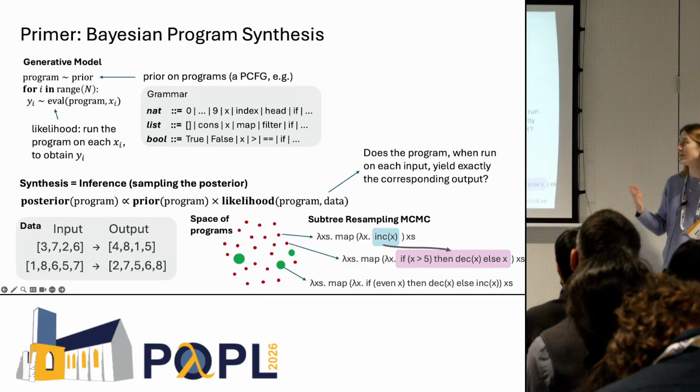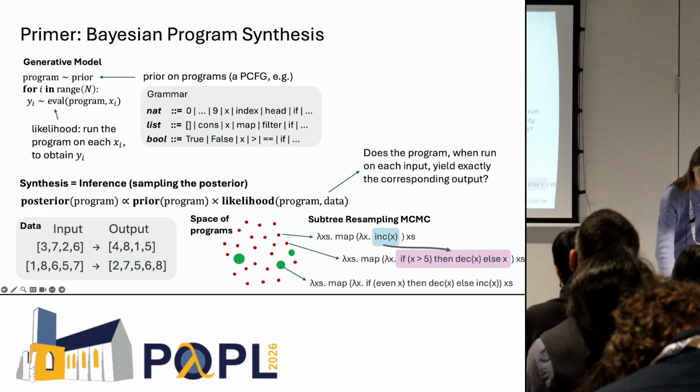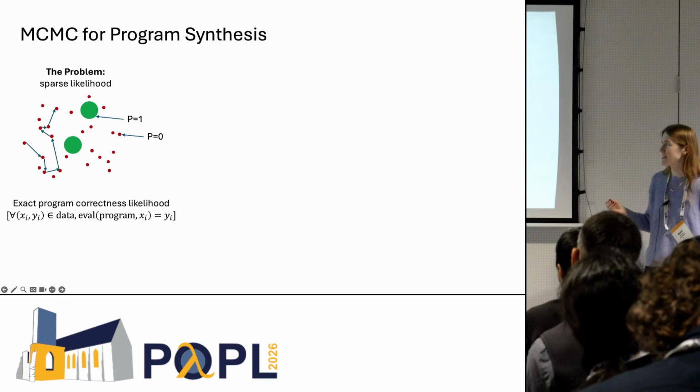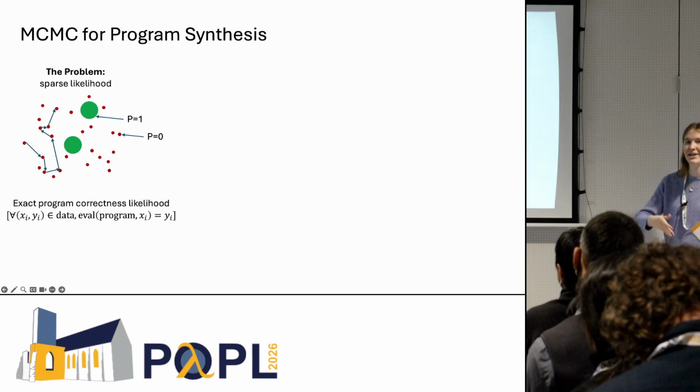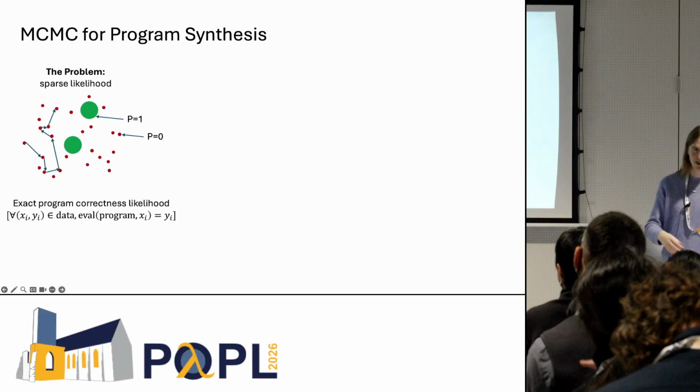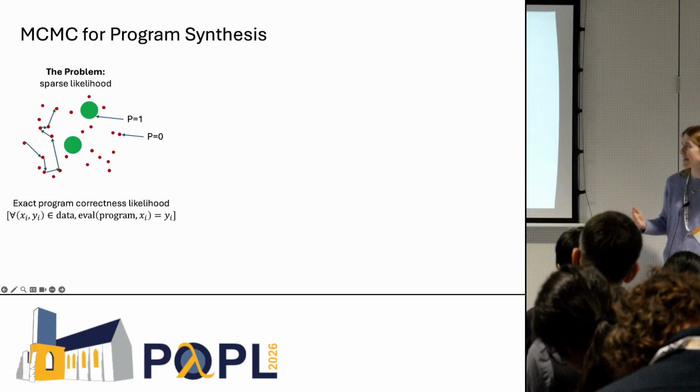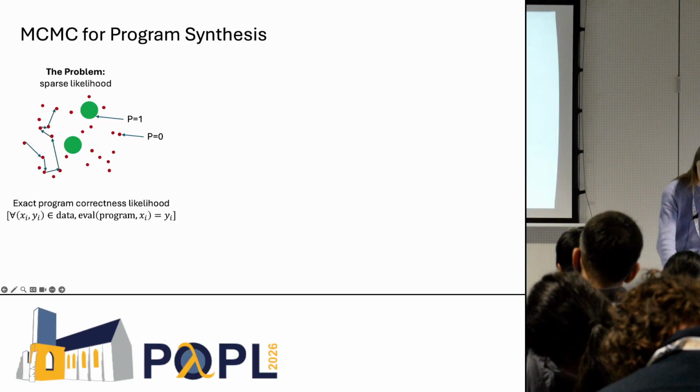And so this gives us some way of navigating the space. But for nearly every program in our hypothesis space, we have likelihood 0. So MCMC doesn't really get any help from this likelihood for figuring out if it's on the right track.